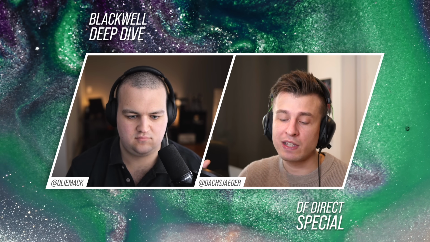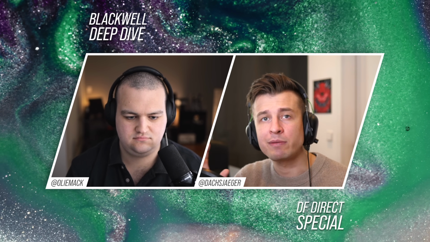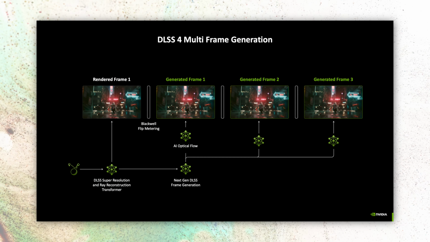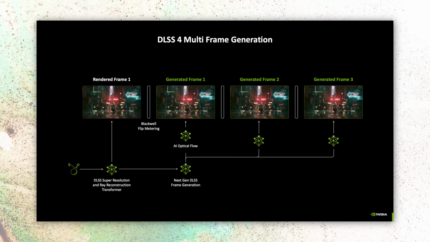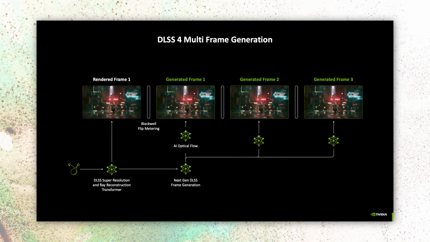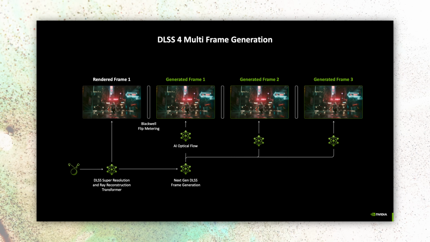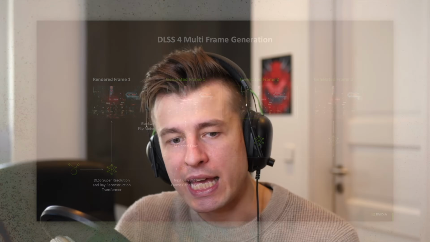Now, instead of just synthesizing one in-between frame, it can synthesize up to 3 in-between frames, like a 4x boost in total of the potential CPU-limited frame rate, maybe. And that is interesting. It is controversial because that is the way NVIDIA is focusing their entire, I would say, performance profile and their advertising.